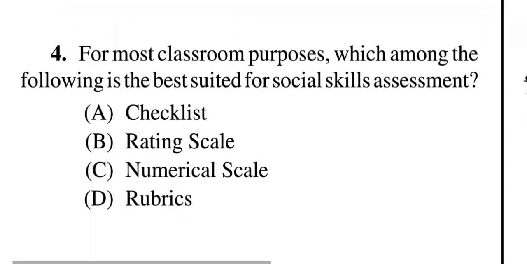Number 4, it says for most classroom purposes, which among the following is the best suited for social skills assessment? Checklist, rating scale, numerical scale, rubrics. It seems all options are correct, but let's try to find out the correct answer.